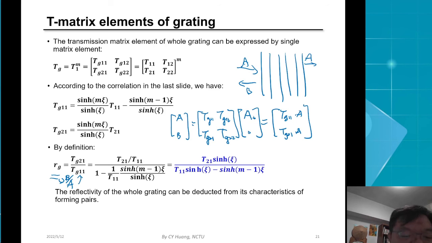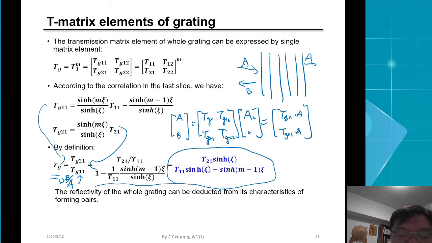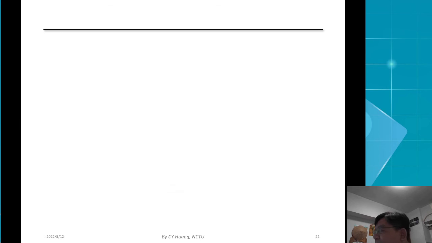Then you put these two equations together, and the result here goes to here. Finally we get something a little bit cleaner, but still a little bit difficult to solve. But anyway, we have the expression for the reflectivity of an arbitrary grating, not necessarily on the Bragg condition. Okay, let's take a break.